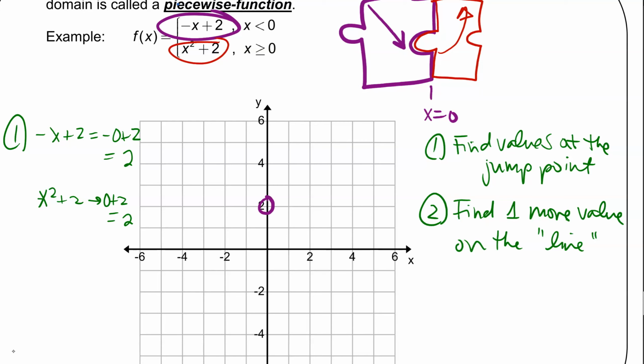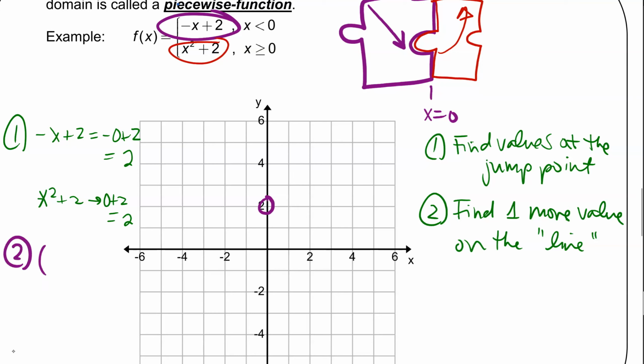Do we know how to draw this line, negative x plus 2? The intercept is 2. What's the slope? Negative 1. So normally it would go down 1 over 1, down 1 over 1. But this is the function only left of x equals 0. So if I want a slope of negative 1, I go over 1 up 1, that way it's going down. Or, as the directions say, if you forget how to draw lines, you just have to pick one more point.